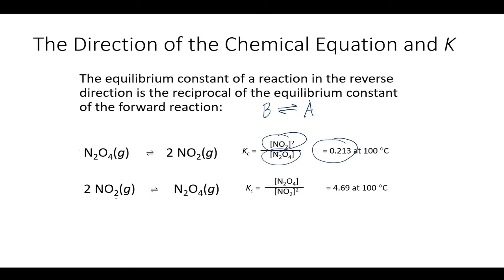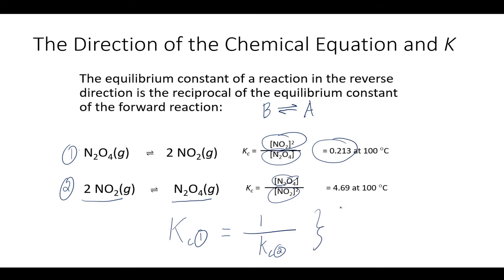and instead write 2 NO2 reversibly goes to N2O4, then I flip numerator and denominator. So Kc of 1, if I'm labeling these 1 and 2, is the reciprocal of Kc2.